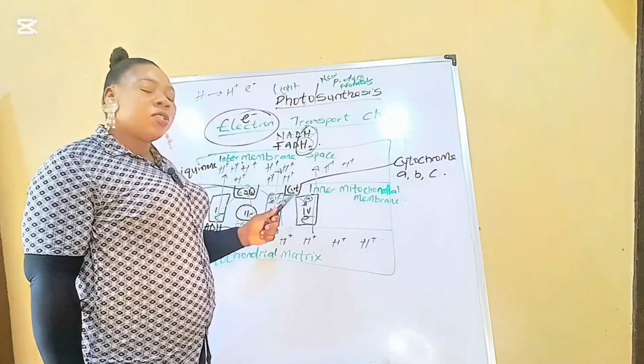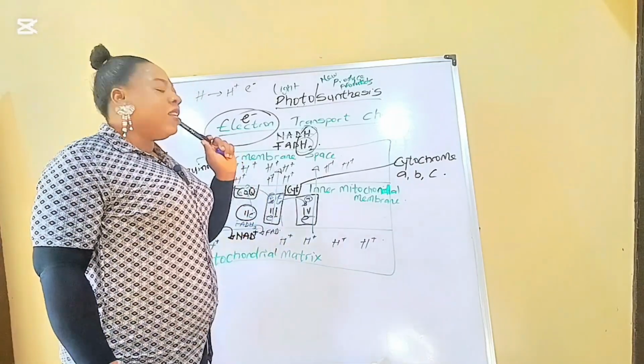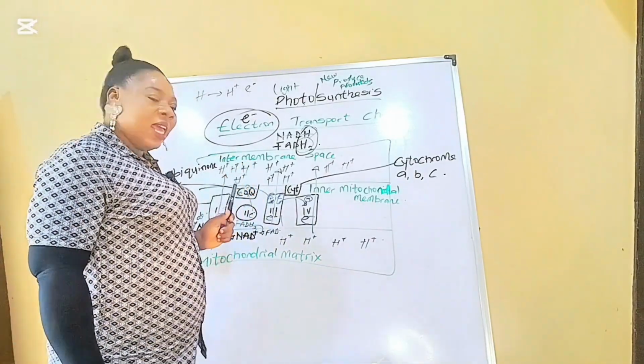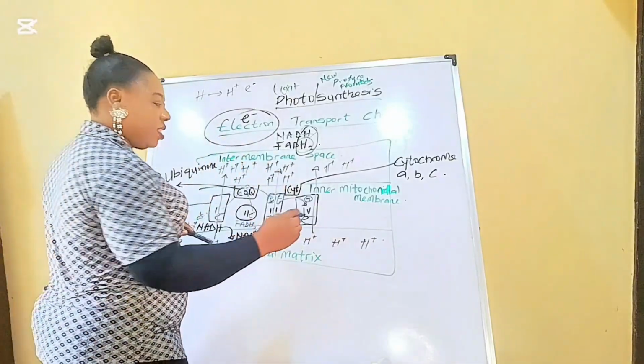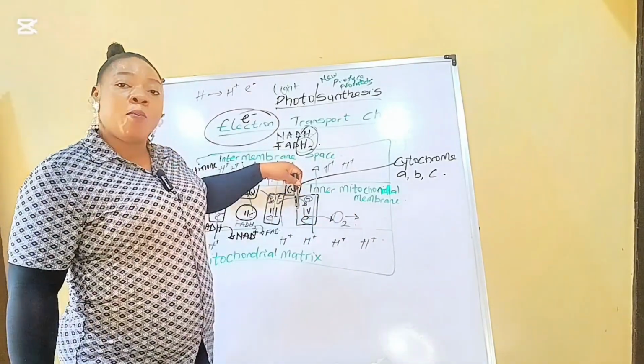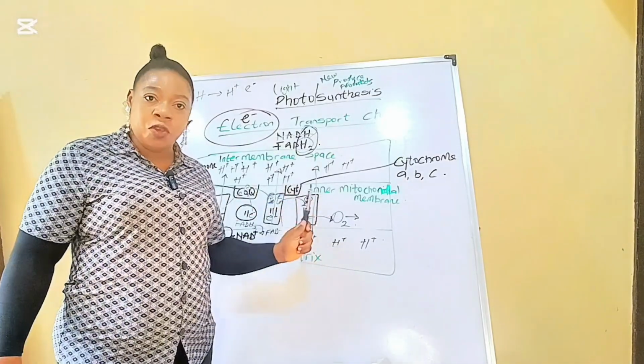The electrons are not staying in complex 4. The final electron acceptor in the electron transport chain is oxygen. The electron from complex 4 will be transferred to the oxygen molecule.